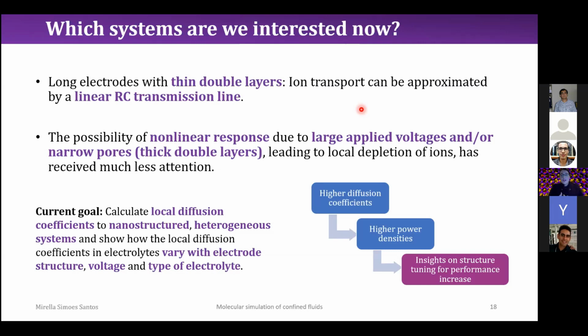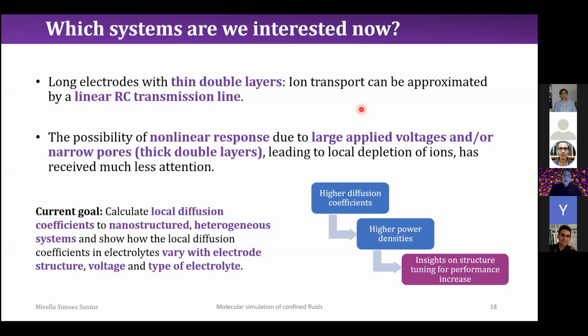But there is the possibility of nonlinear response, due to either a very large applied voltage to the surfaces of our electrodes, and also when we have very narrow pores, again going back to the confinement, that would lead to very thick double layers. These systems have not received as much attention as they should have.